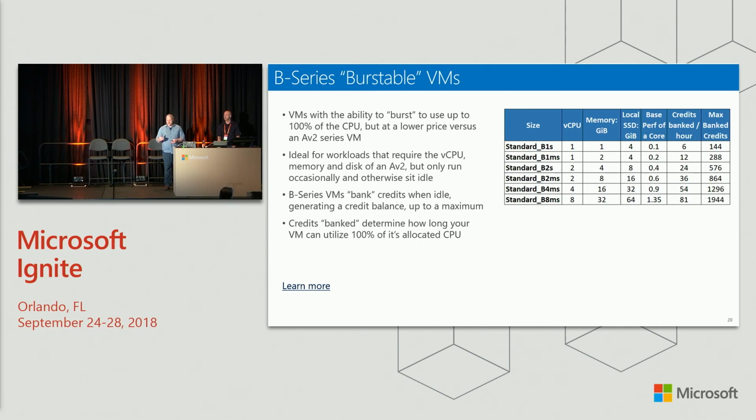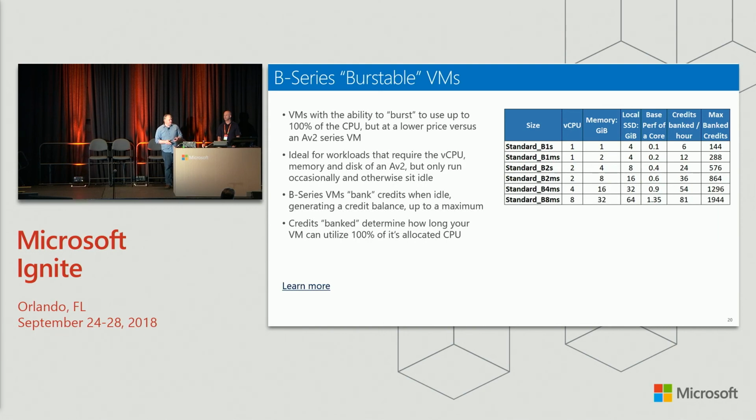As you see, that goes up. Then if there are credits available, the machine will burst all the way up to 100% per vCPU of the reference, and it burns off those credits when it's bursting. Again, that increases as the size goes, so you can run for a period of minutes at the highest possible frequency. But then when it goes idle, it will start accumulating credits again.